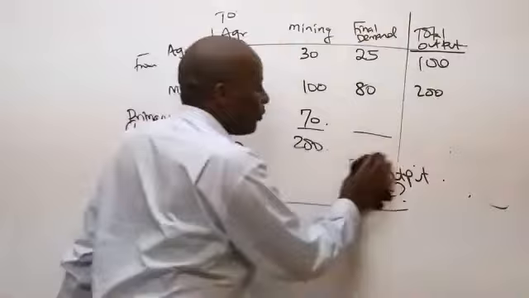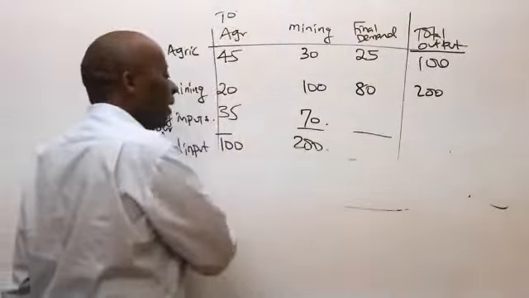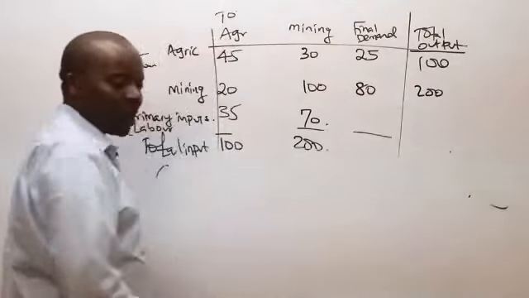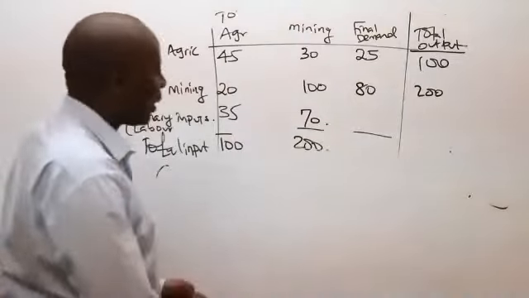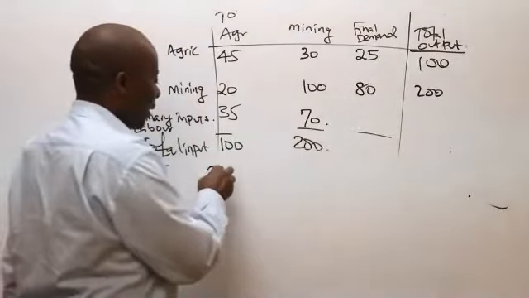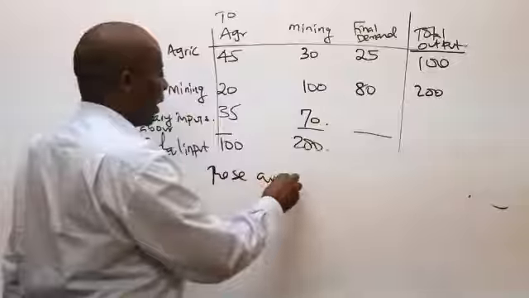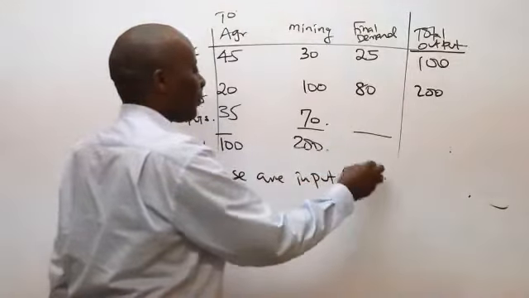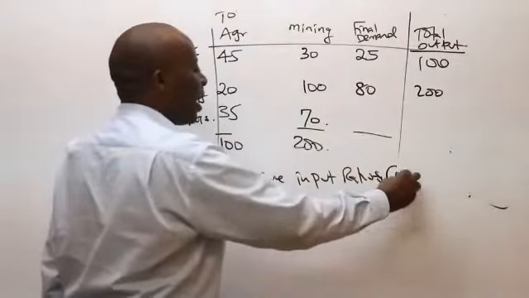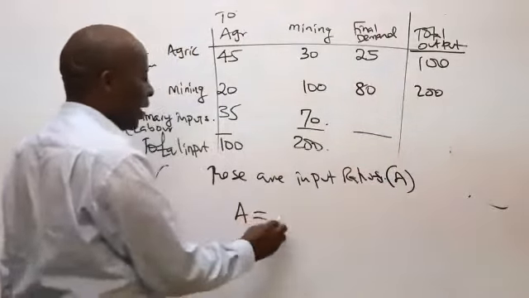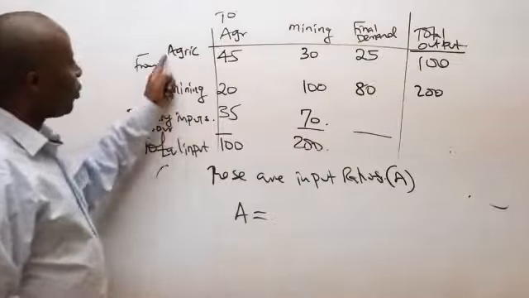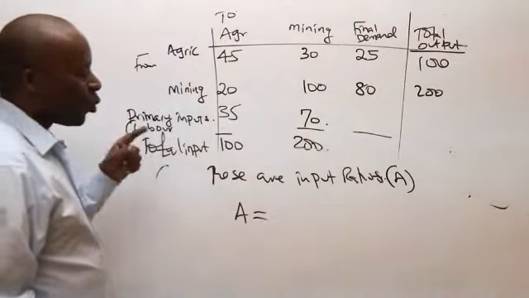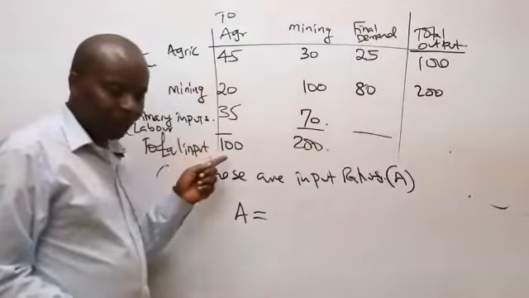So technical coefficients are basically the input ratios. We normally call them A. For us to get A, because you have two sectors, I only need to go to my columns.